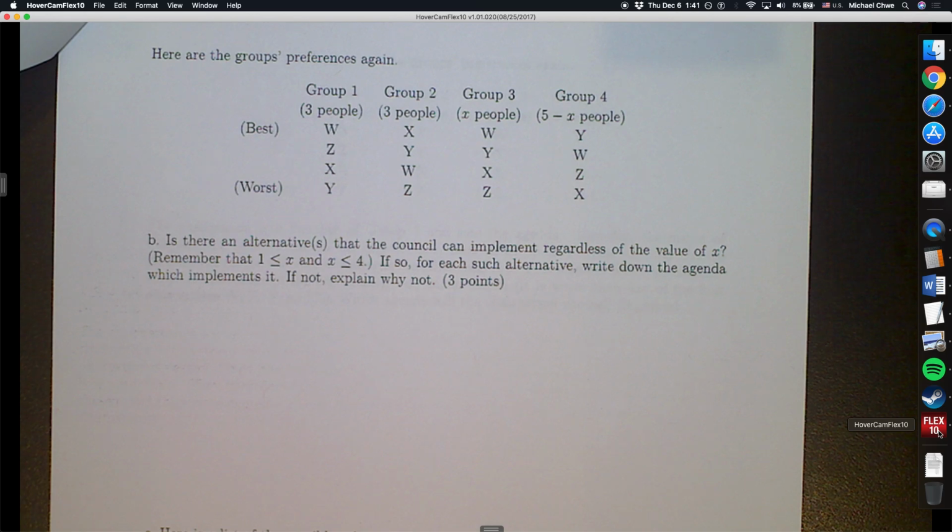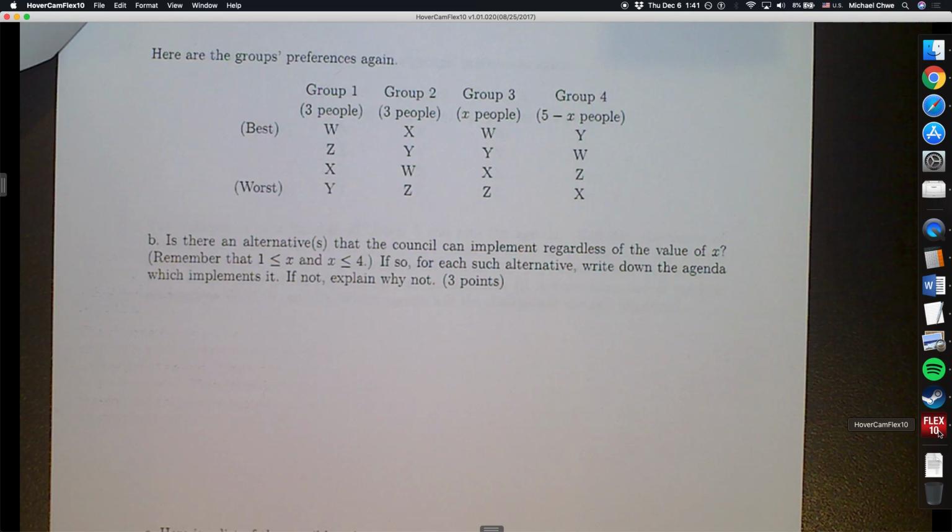Okay. How about X versus Y? This is 3, another 3, this is X, 5 minus X, right? So this is 6, this is 5. So no matter what X is, X beats Y. Okay.